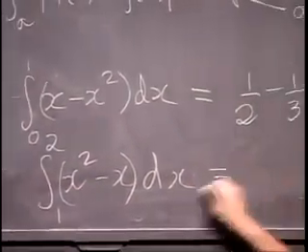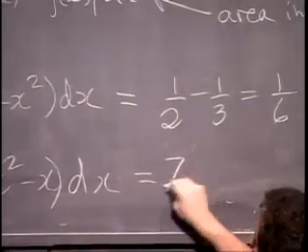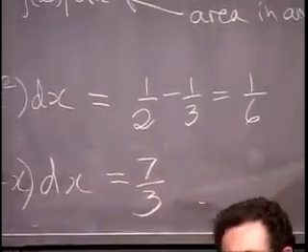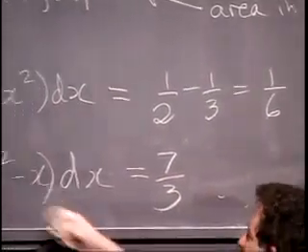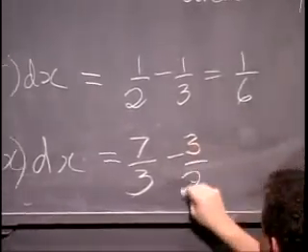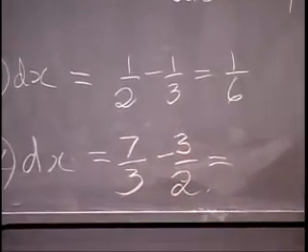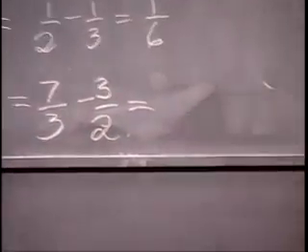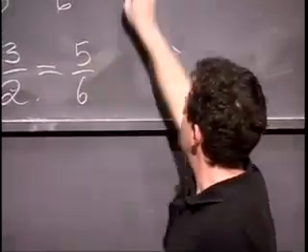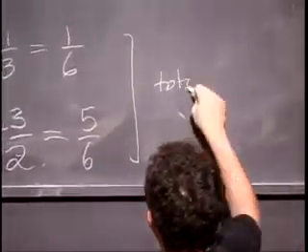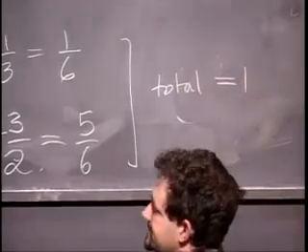And x squared had integral 7/3 from 1 to 2. We've been reusing the same integrals over and over again. X had integral 3/2. If you take a common denominator, that's 14/6 minus 9/6, so that's 5/6. And the total is 1 square unit.